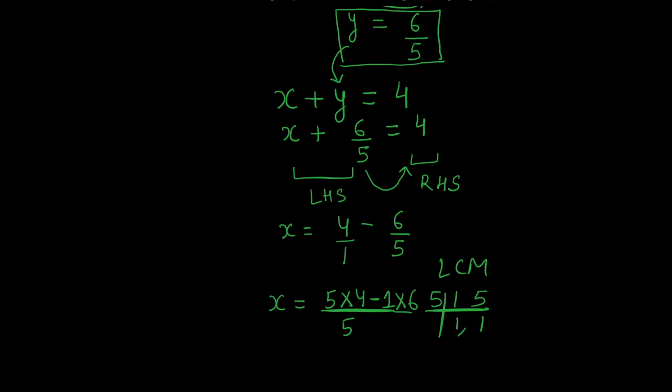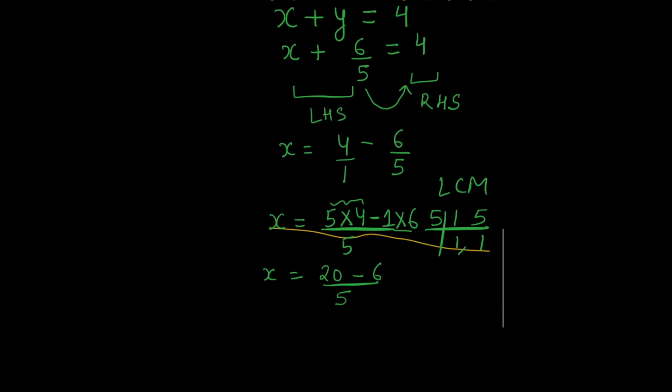This is x. So this equals 5 times 4 is 20, minus 1 times 6, divided by 5. And therefore, the value becomes 14 divided by 5. So this will be x.